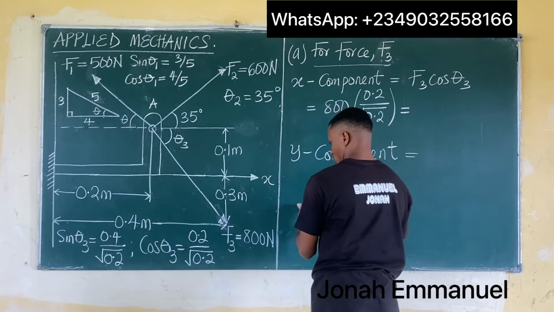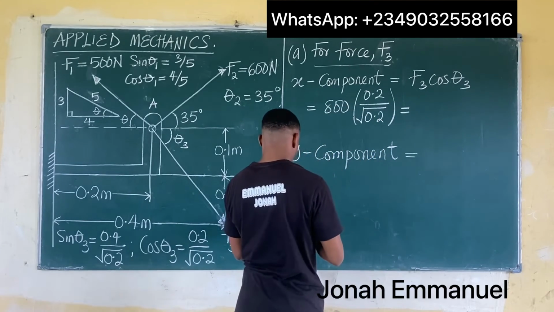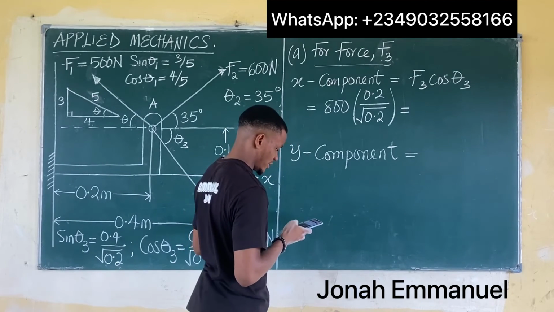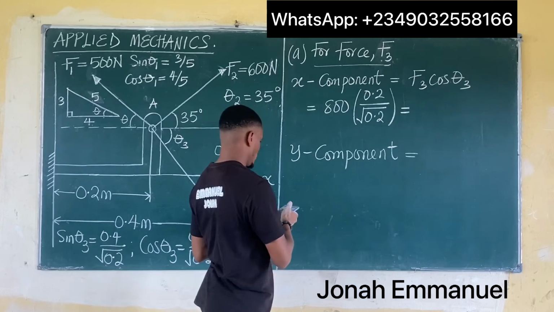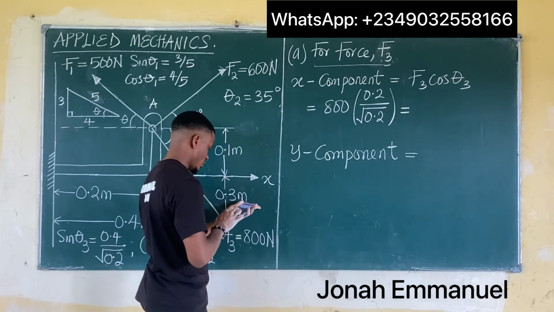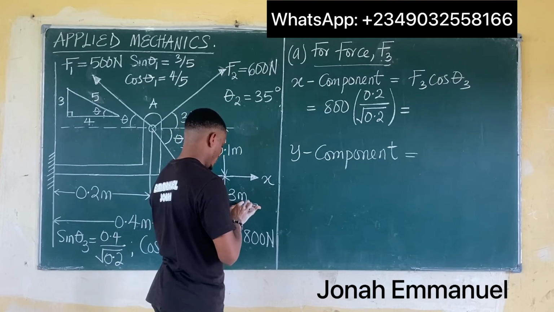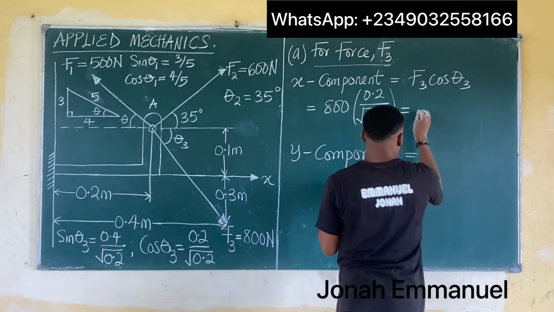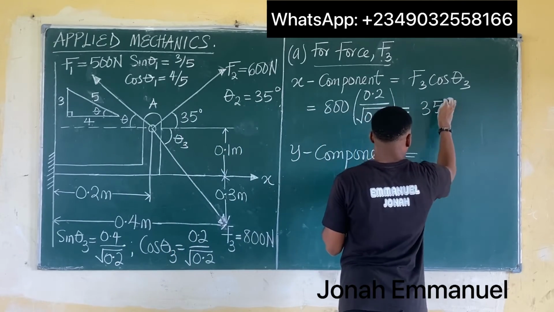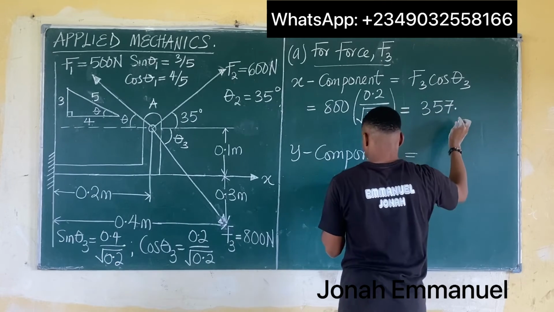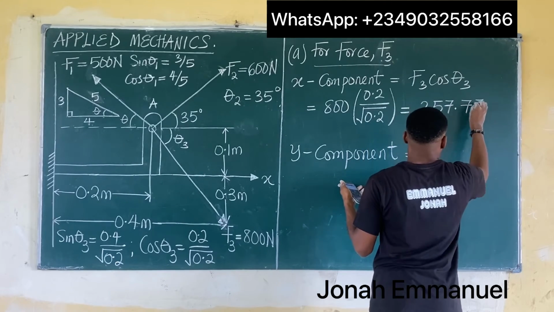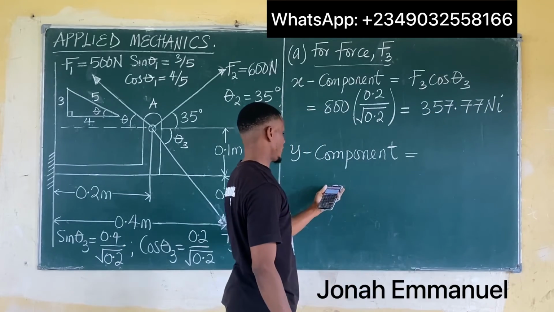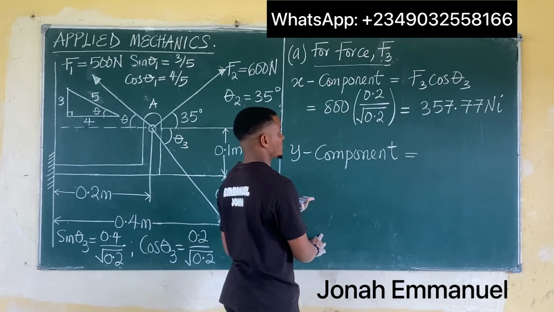So if we punch this, what do we get? 800 into 0.2 all over root 0.2. That gives 357.77 Newton I, in 2 decimal places.